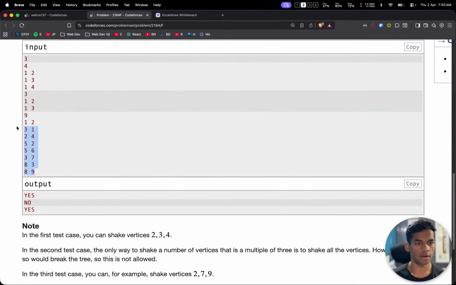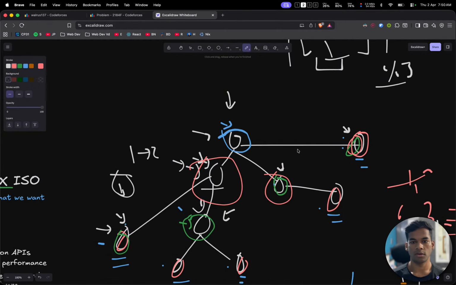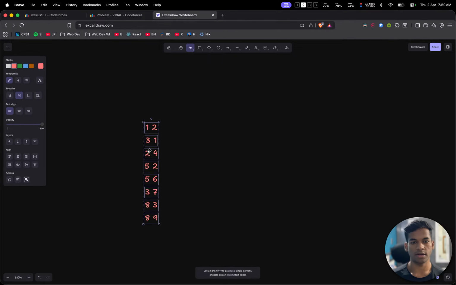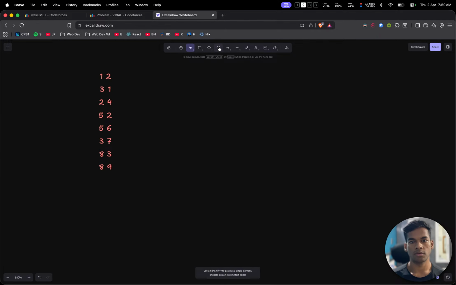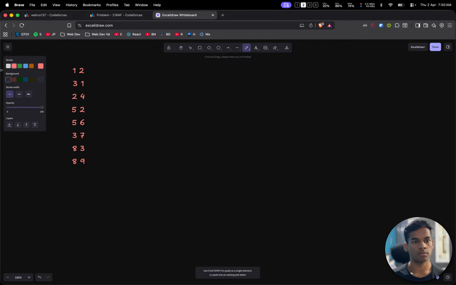Okay, let's graph this tree to get some idea. This is node number 1. 1 is connected to 2 and to 3.